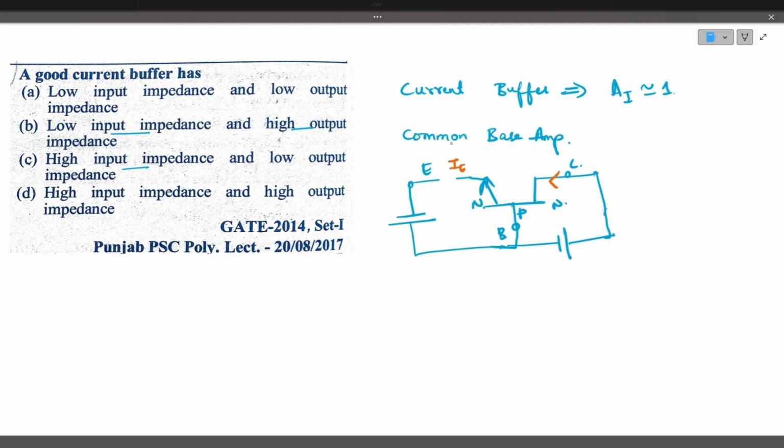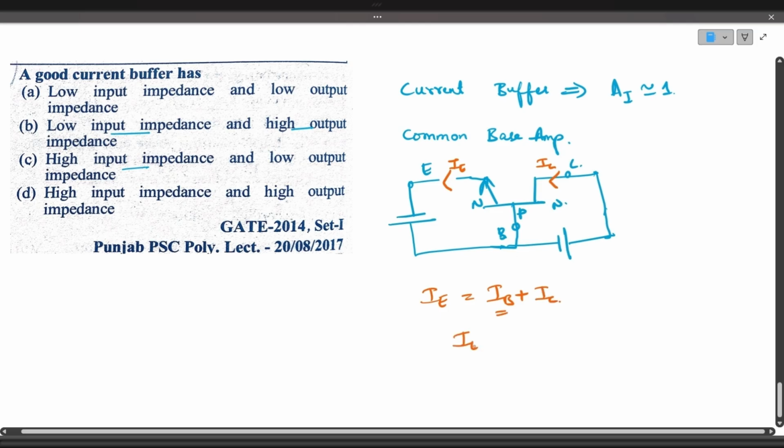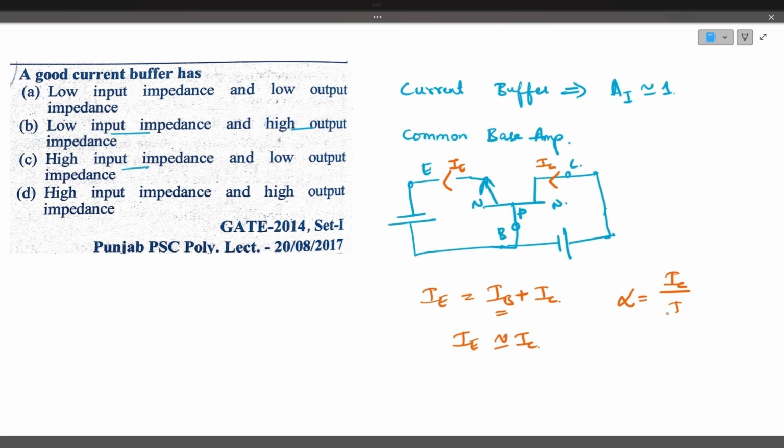Here the input current, emitter current, is equal to base current plus collector current. As the base current is negligible, the emitter current is approximately equal to collector current. So the gain, alpha, the output current I_C divided by I_E, is approximately equal to 1. This is the current buffer device. It gives the voltage amplification. The voltage amplification will be around 150, but the current amplification is 1. This is the best example of current buffer.